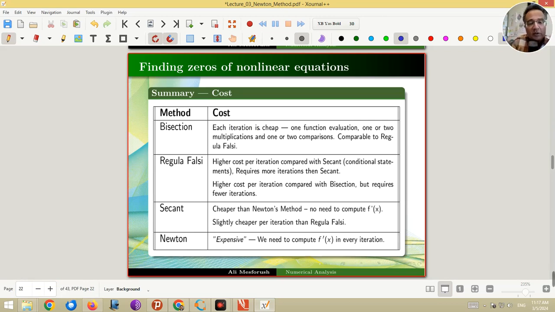The cost of bisection is cheapest, because we just do some mathematical operations like plus, minus, division and multiplication. This is cheap. But Newton method is expensive because we need f prime of x. But secant method is cheaper than Newton, but a little more expensive than bisection method.